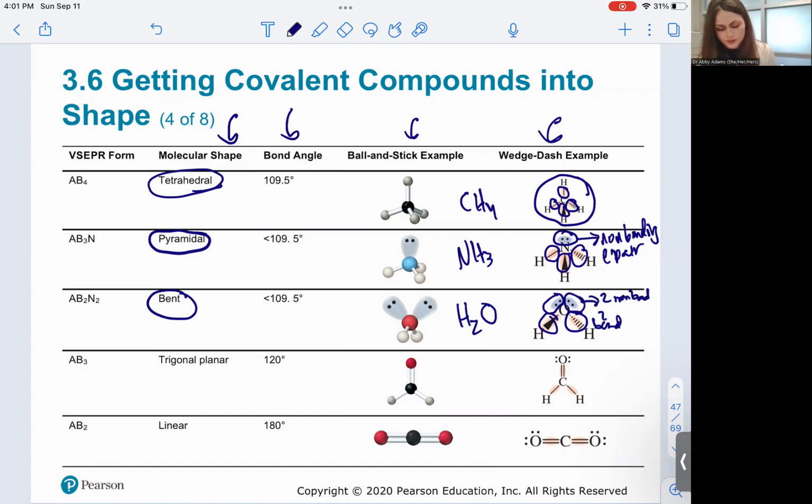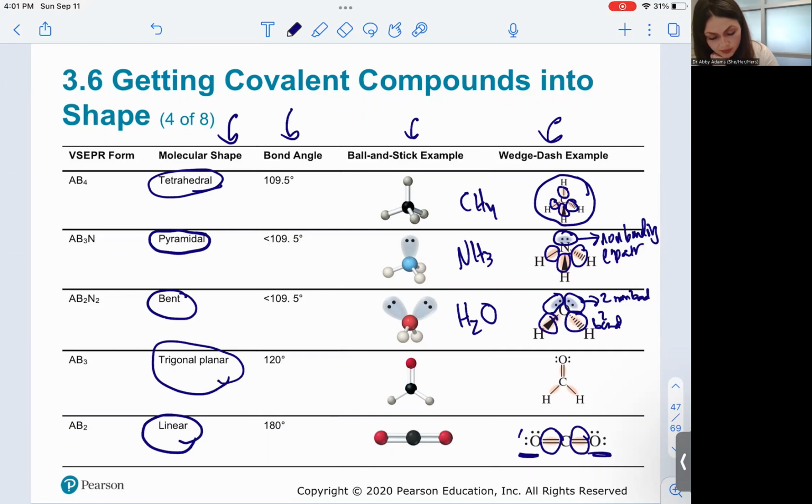And then you're going to have trigonal planar. And you're going to have linear. Like here, you have 2 bonding, and you're going to have these non-bonding areas. And so you end up with something that is linear.